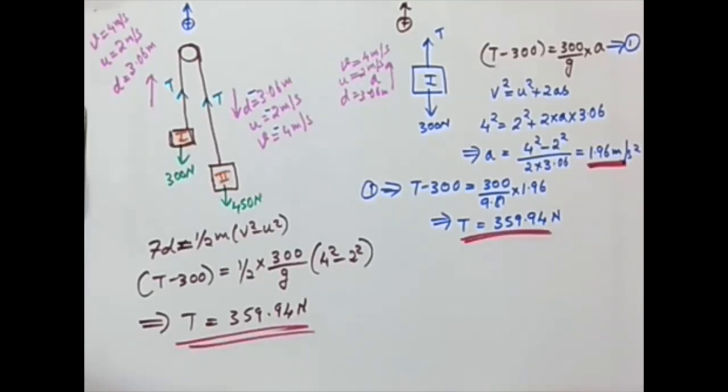So this is basically the case when we are dealing with connected bodies. When we are having connected bodies, total work done is equal to change in total kinetic energy. When it's a single body, it will be work done is equal to change in kinetic energy. When it's a system, it is going to be total work done is equal to total change in kinetic energy.